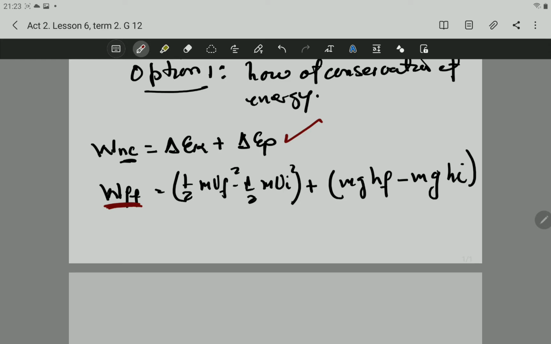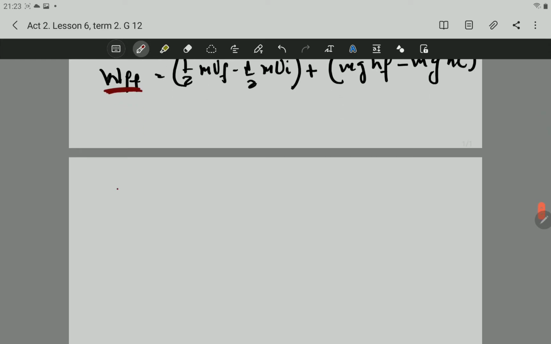Now, how do we calculate the work done by friction? Work done by the frictional force is equal to the frictional force multiplied by the displacement multiplied by the cosine of the angle between the displacement and the frictional force, and remember it's going to be 180 degrees.